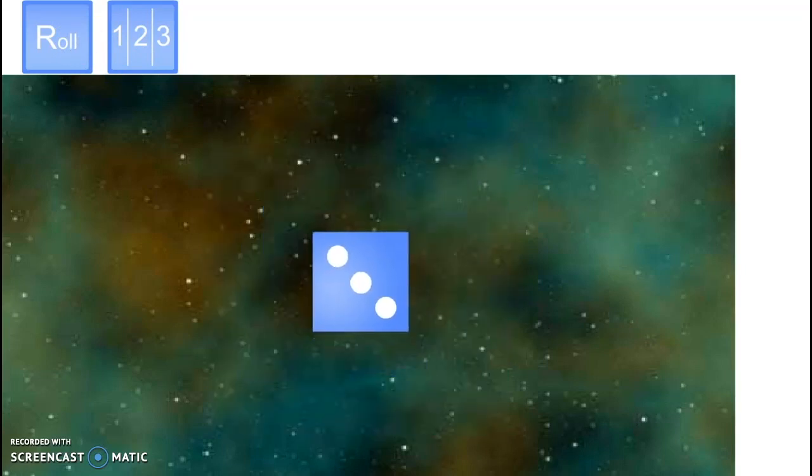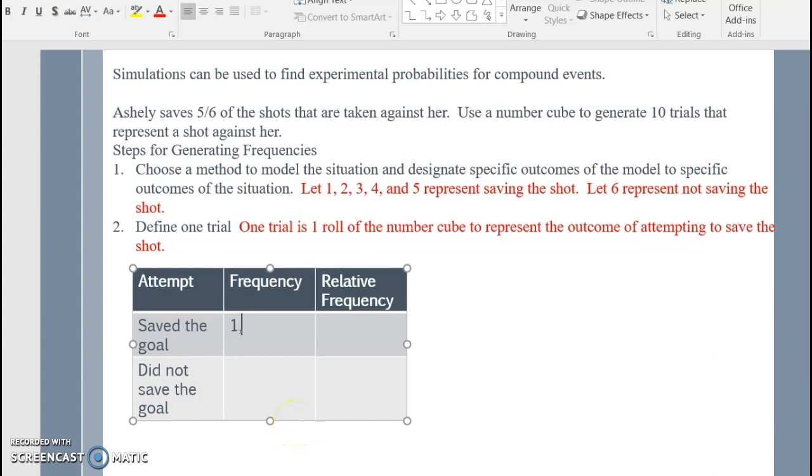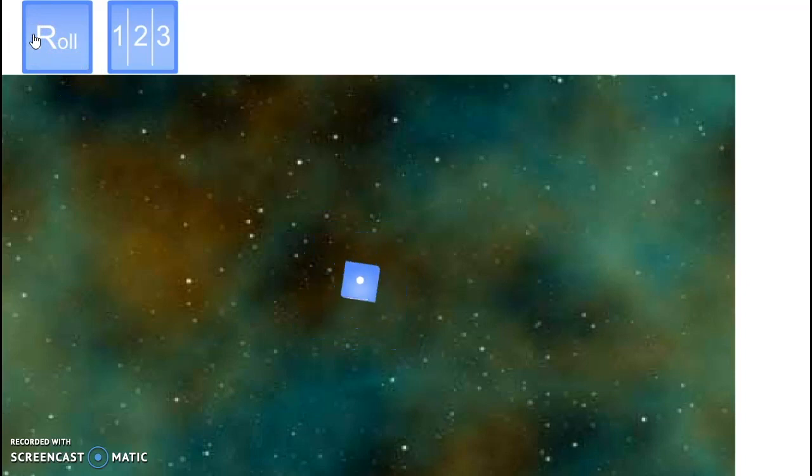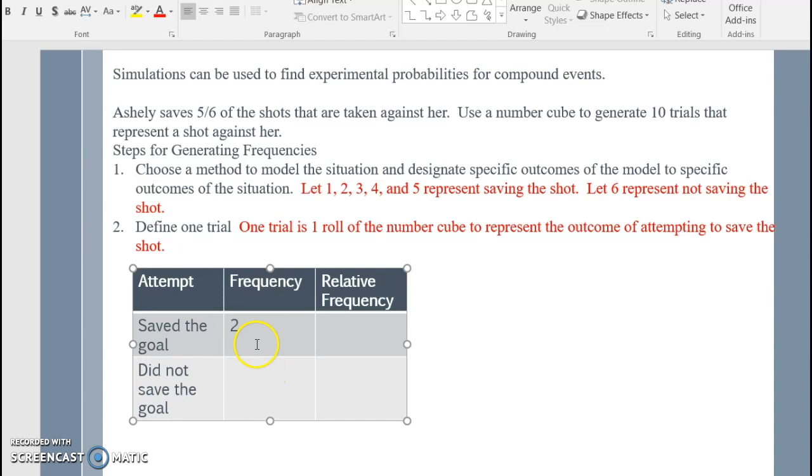We got a 3, so we saved. So now we have 2 of them. We have to do this 10 times. We have a 1, so we've saved again. So we're up to 3 under the saved goal.